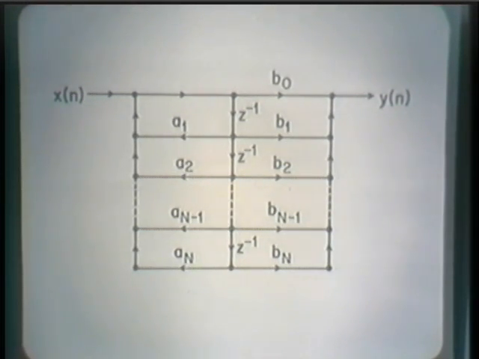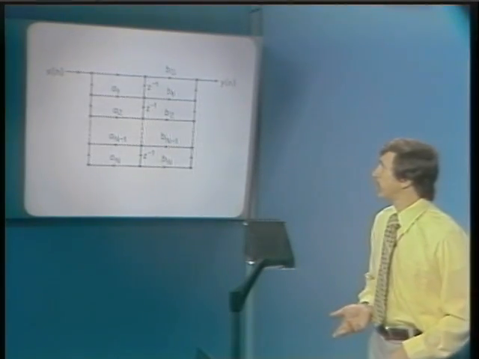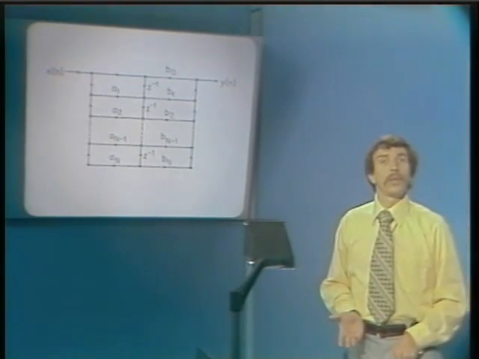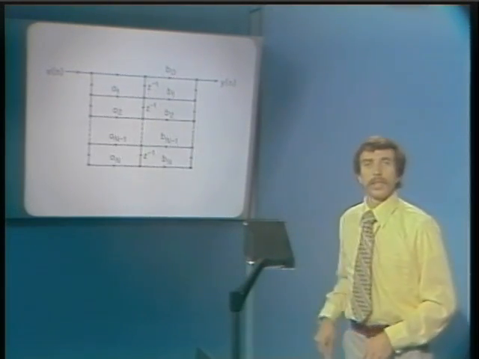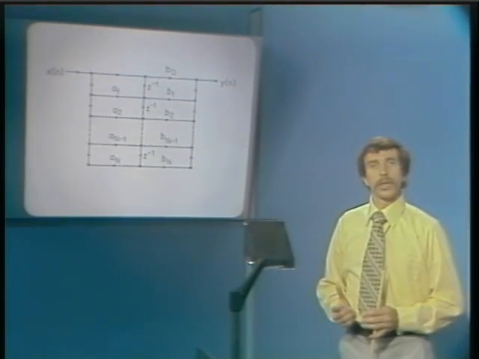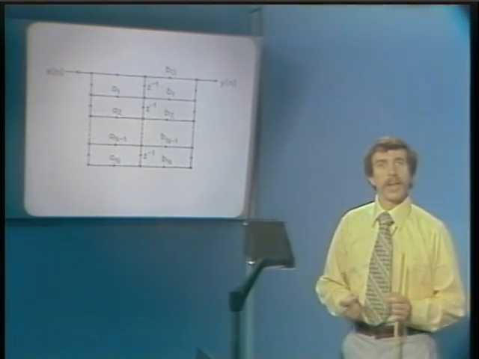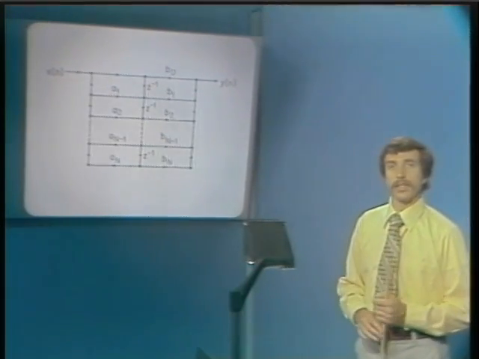Now, in drawing a network, of course, it doesn't particularly matter whether we conserve z to the minus 1s or equivalently whether we collapse a network when we can take advantage of the fact that the output of two delays is the same.